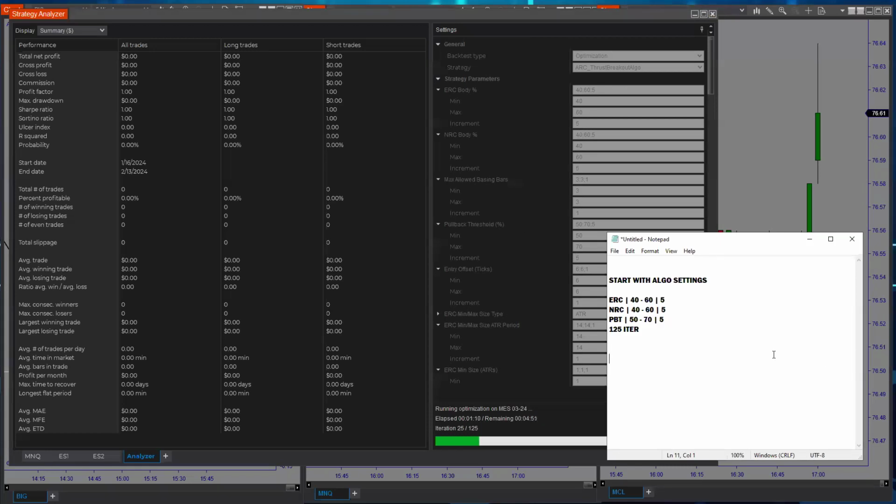Anybody have any questions that we can answer while we're waiting for the test to come back? Yeah, depending on the time frame that you're running. If you're running smaller time frames, going back to November is pointless because it was totally different markets.